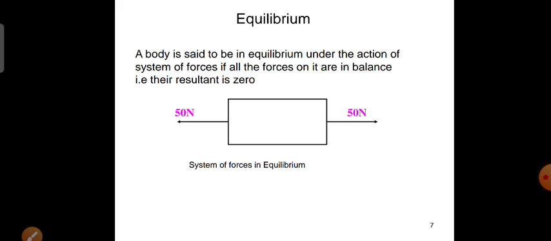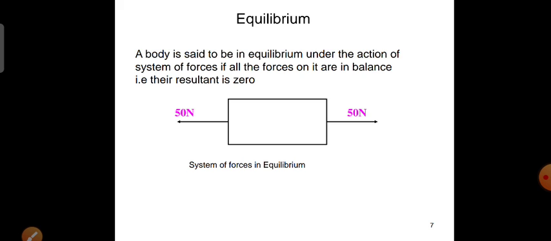But even though you apply forces, if that stationary body doesn't move linearly or doesn't rotate about any point, then we can say that body is in equilibrium condition.